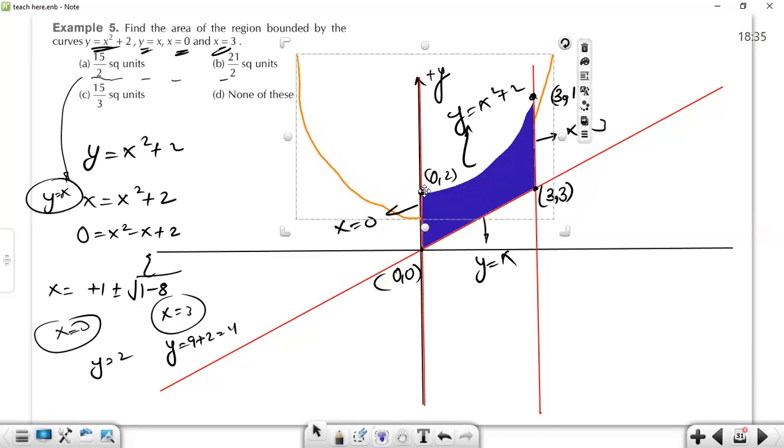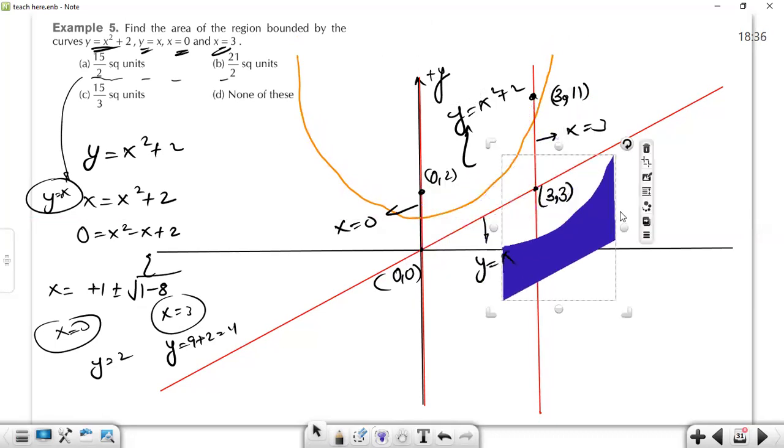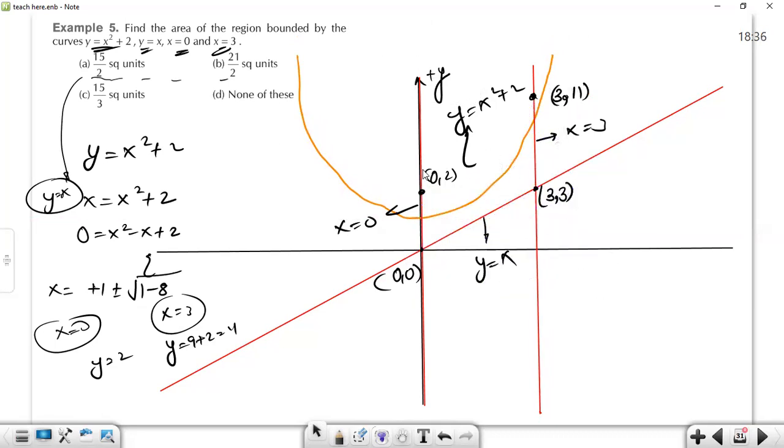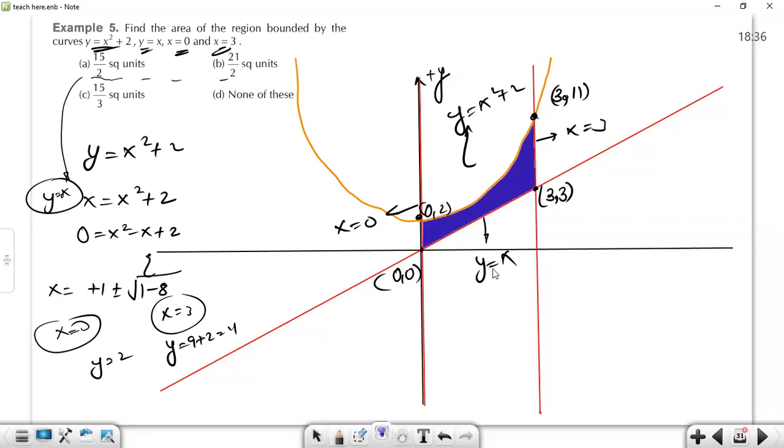Now it would be better. It's fine. So this is the area that we have to find out.